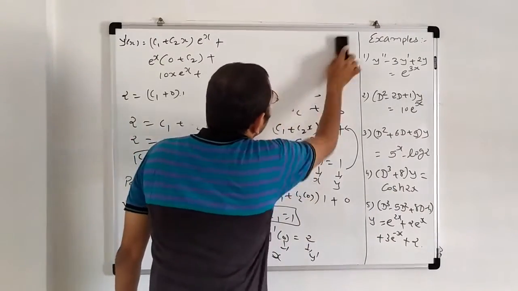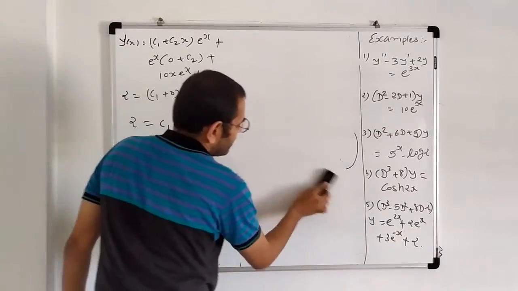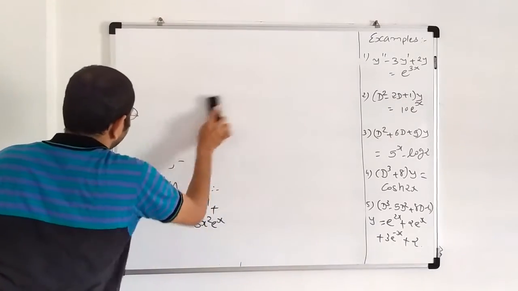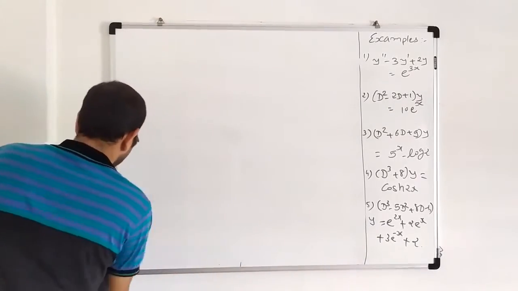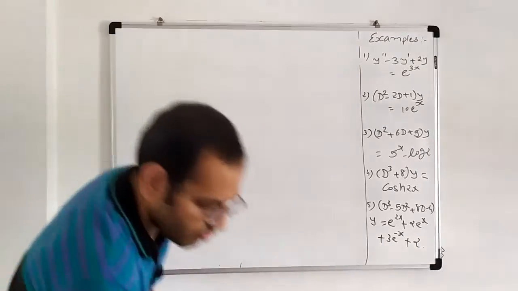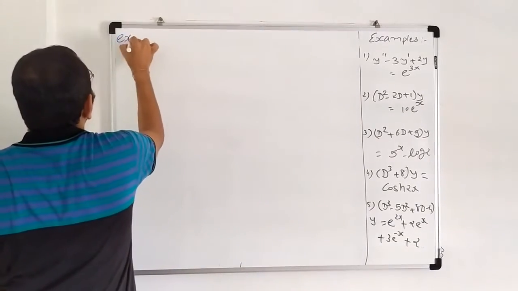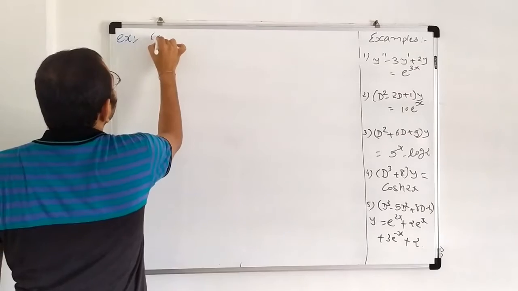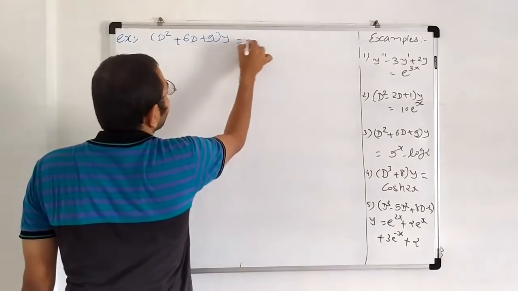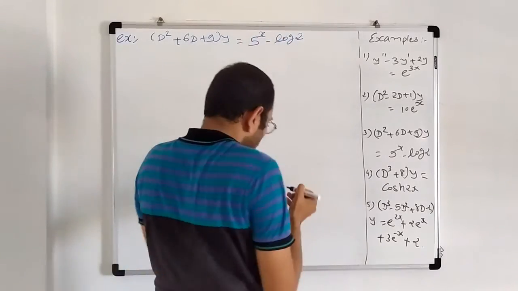Let's understand one more example. Example number 3: D square plus 6D plus 9, y equal to 5 raised to x minus log 2.